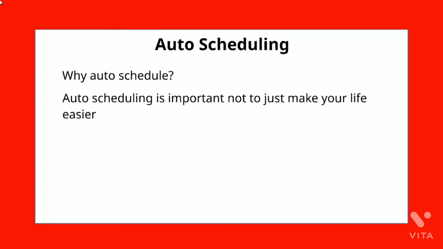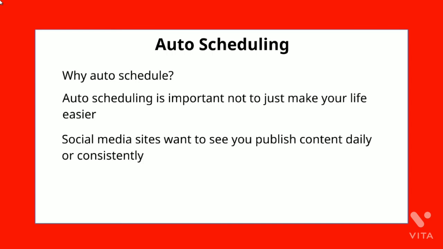As you can imagine, auto scheduling is important to make your life a lot easier, but it's not just that. Social media sites like Pinterest, Facebook, Instagram, and more like to see you publish daily or on a consistent basis. And your audience that follows you is looking to hear from you on a day-to-day basis.